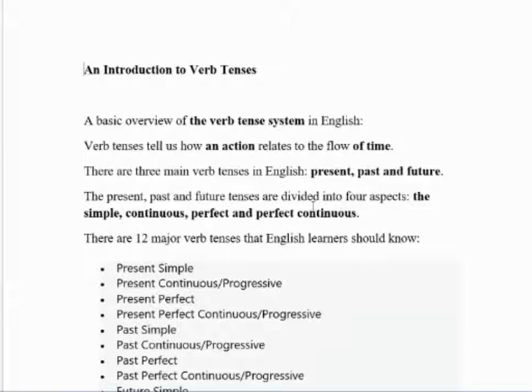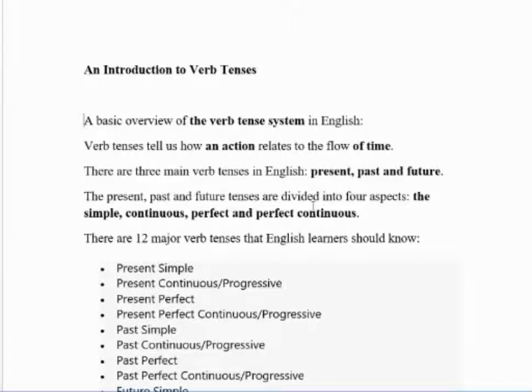The present, past, and future tenses are divided into four aspects: the simple, continuous, perfect, and perfect continuous. There are 12 major verb tenses that English learners should know.